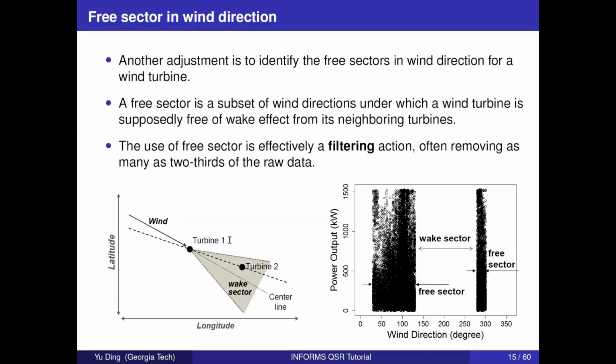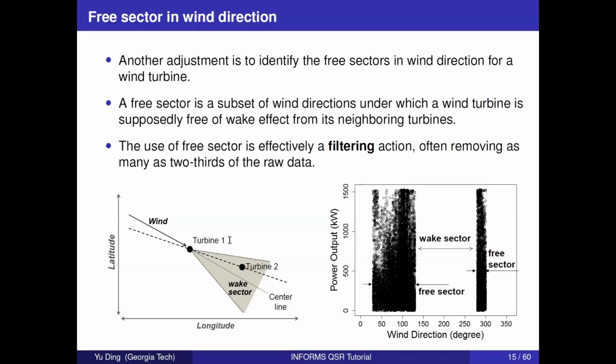Number one, the amount of energy in that air block becomes smaller. Number two, it is not really free movement anymore. It is more turbulent, right? This turbulence actually reduces the production efficiency for turbine 2. And when these things happen, we say turbine 2 is in the wake of turbine 1.